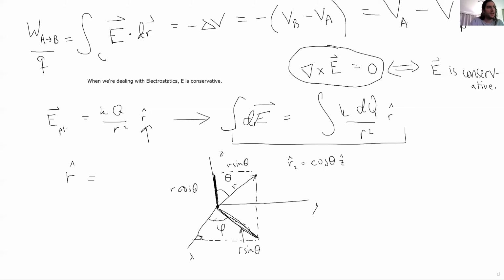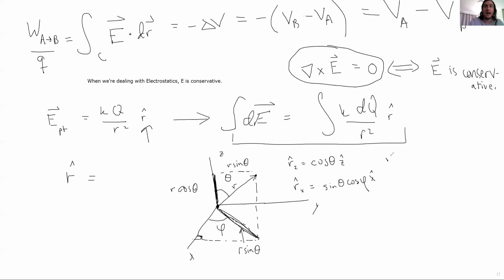Okay, and so the angle phi here helps us out in this case. So for the x component, r hat sub x is going to be cosine of phi times r sine theta. Well, r is just 1 for a unit vector, so it's sine theta cosine phi. And that's in the x hat direction.